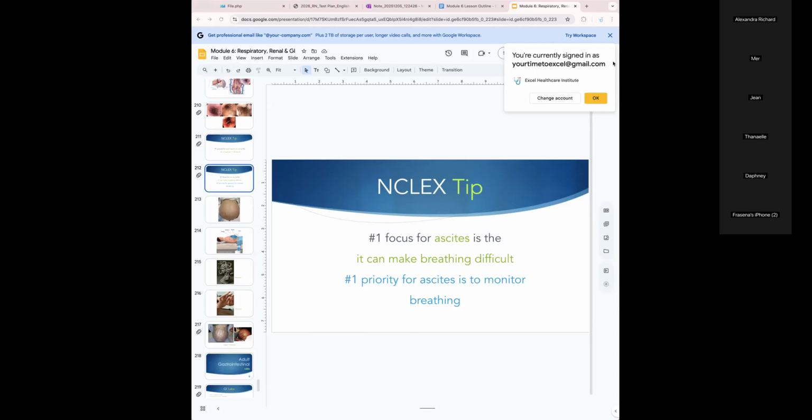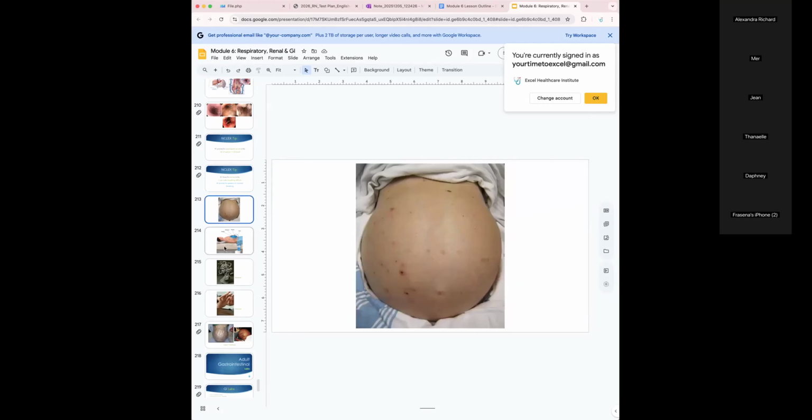So let's see where we're headed here. Okay. Let's talk about treatment for ascites. So we can see this looks very uncomfortable. Do you want your patient to be laying flat if they're in respiratory distress? No, right?